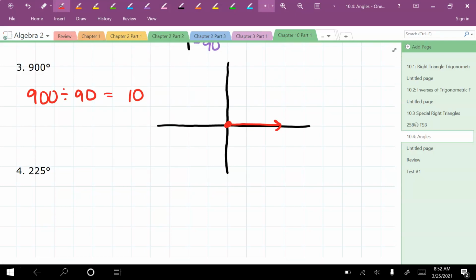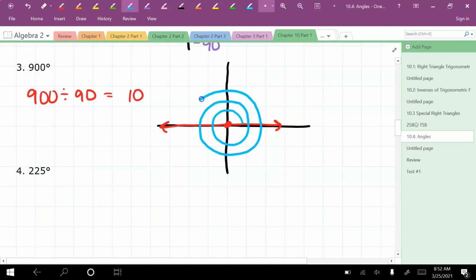So let's see here. I'm going to draw it out. It's going to end up coming this way. But what it did is it started here and it went 1, 2, 3, 4, 5, 6, 7, 8, 9, 10, before it finally landed there. So this would be 900 degrees.